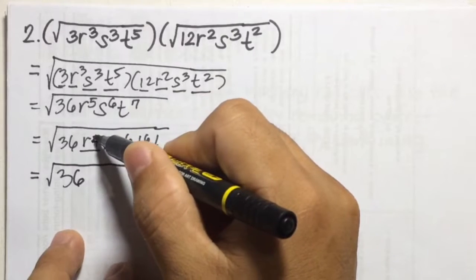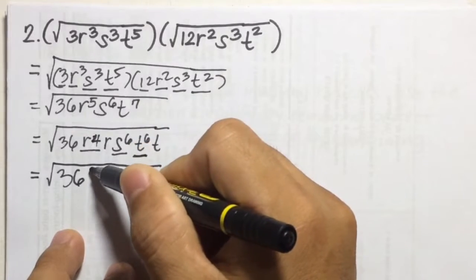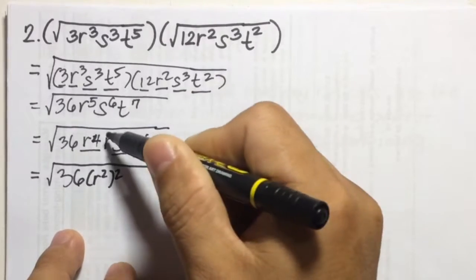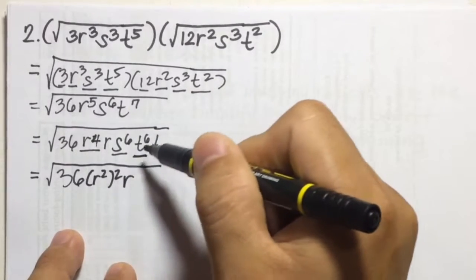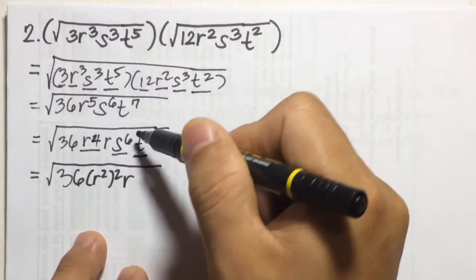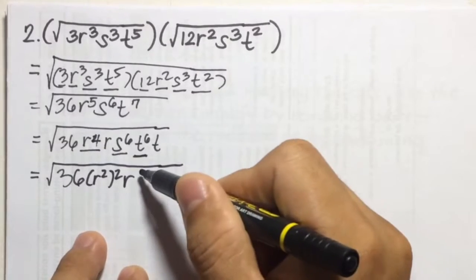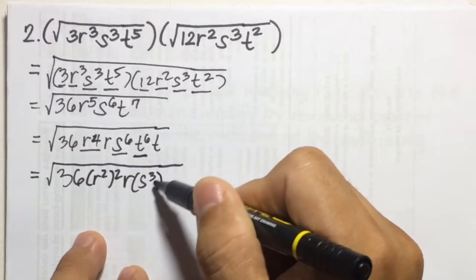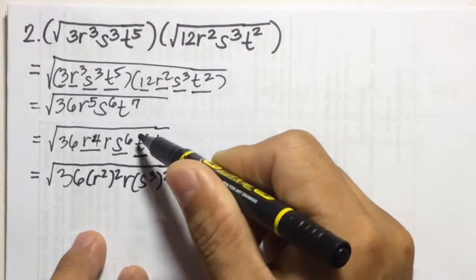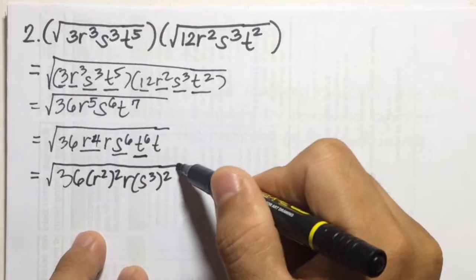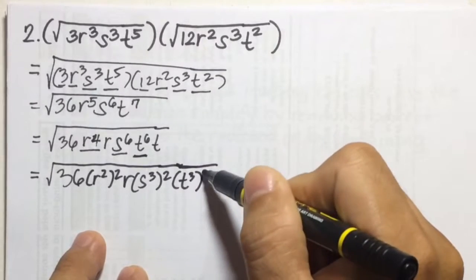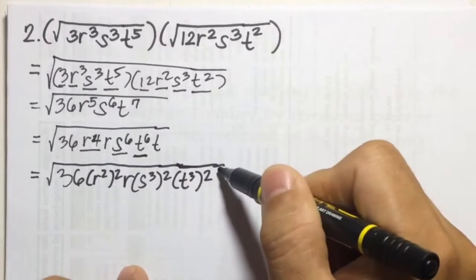Then r to the power of 4, we can express as r squared, squared, times r. Then s to the power of 6, we can express as s cubed, squared. Then t to the power of 6, we can express as t cubed, squared, times t.